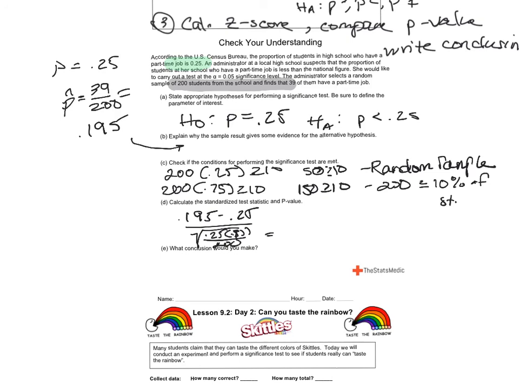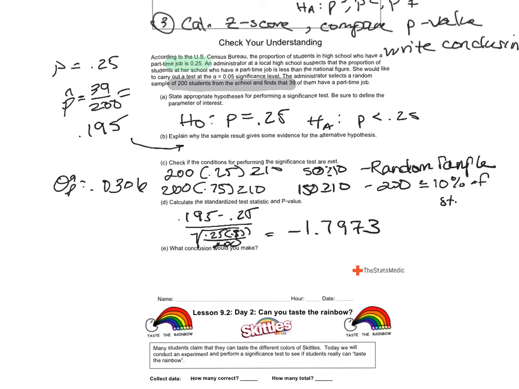When you do that, and I'll just tell you over here that my standard deviation for p hat is the square root of 0.25 times 0.75 over 200, which is equal to 0.0306, and then this value works out to be negative 1.7973. Okay.